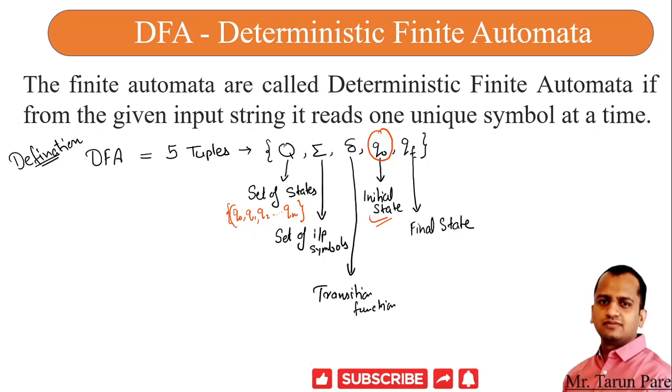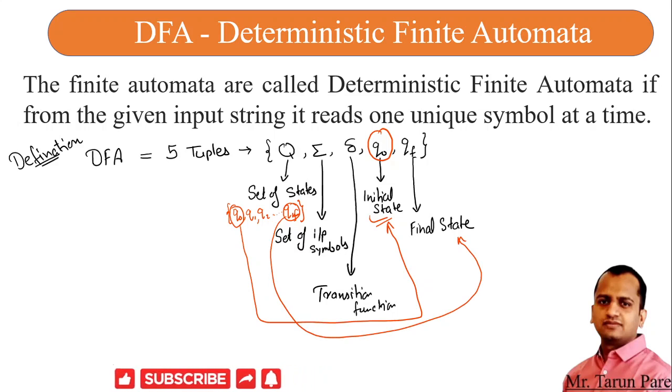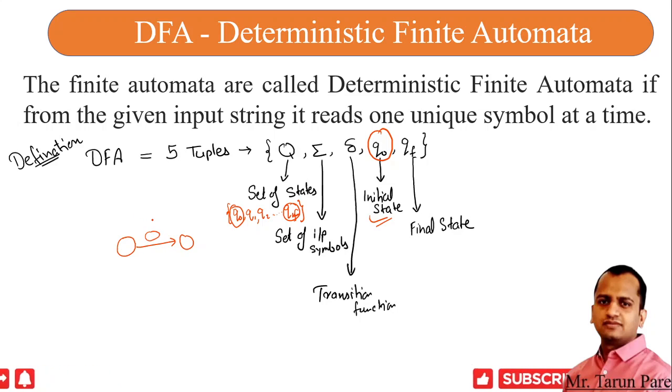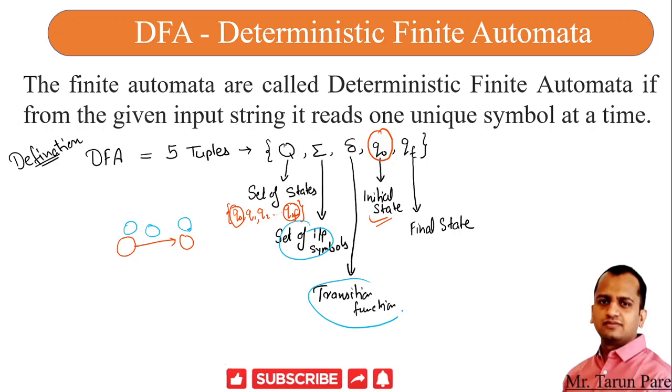In this, q naught will be represented as the initial state, qn or QF is called the final state, and among these, the input symbols which are moving from one state to another state, whatever symbols we mention here, these are called symbols.